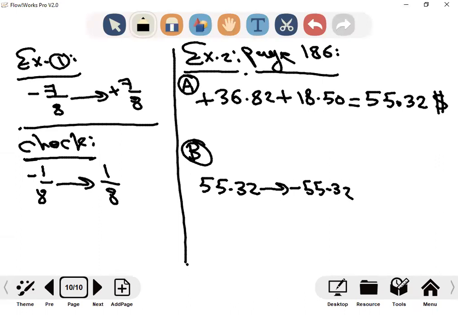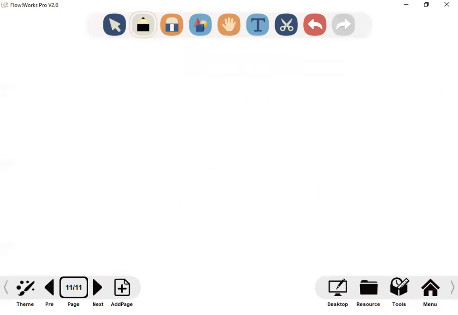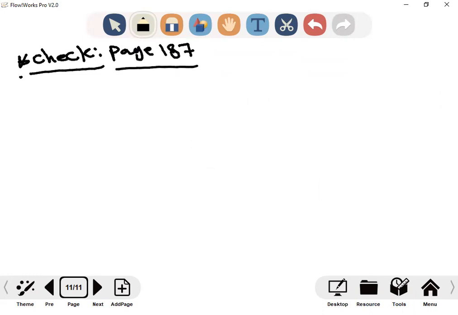We have a check after this example, and please focus. Read, Murad. One moment. We are on the check, page 187.